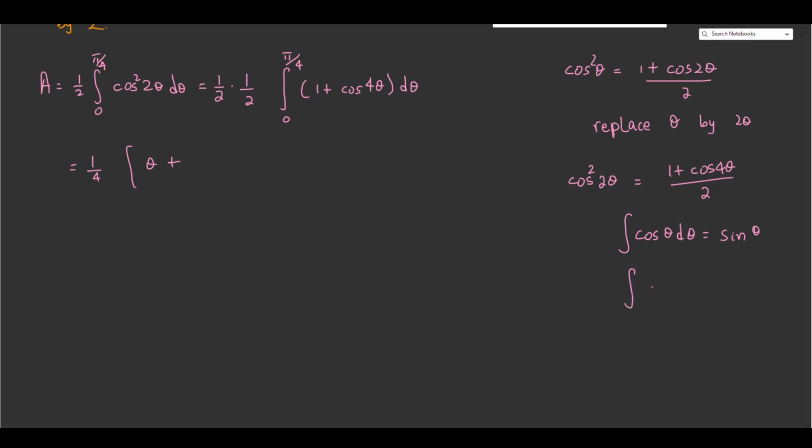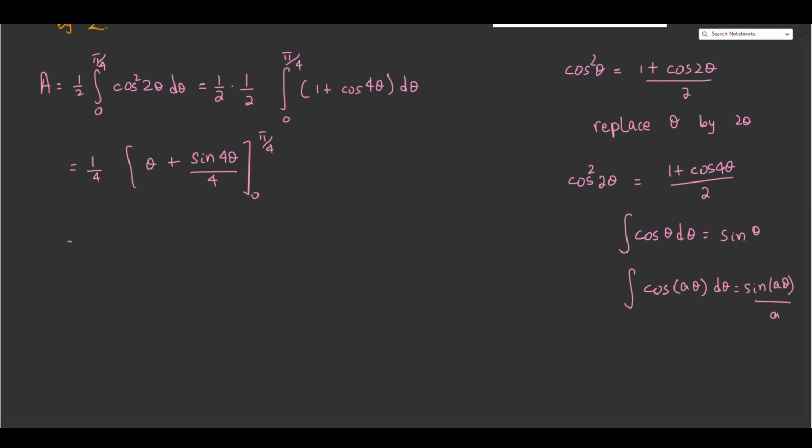But here we have theta multiplied with some number, cosine of a theta, so its integration will be equal to sine of a theta divided by a. So from this we will get sine of 4 theta divided by 4, from 0 to pi by 4.